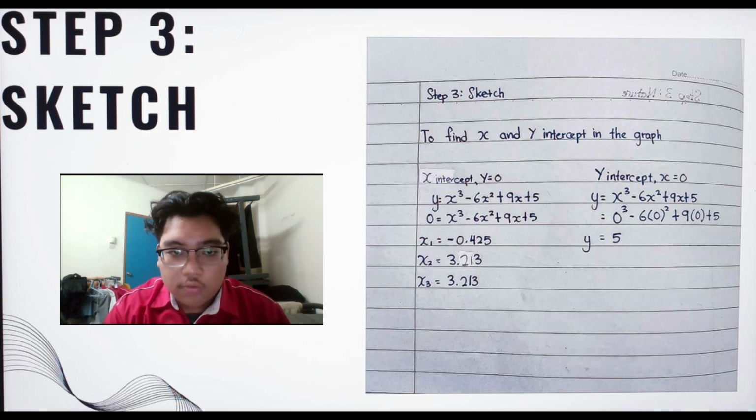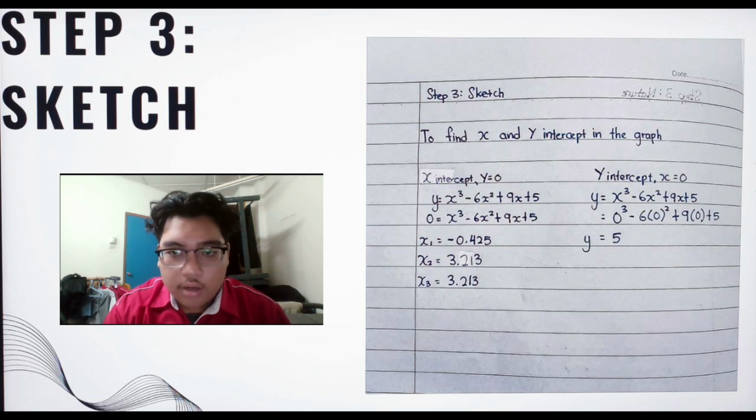When we put all these values into the calculator, for the equation ax power of 3 plus bx square plus cx plus d equals 0, x1 will be negative 0.425, x2 will be 3.213, and lastly x3 equals 3.213.